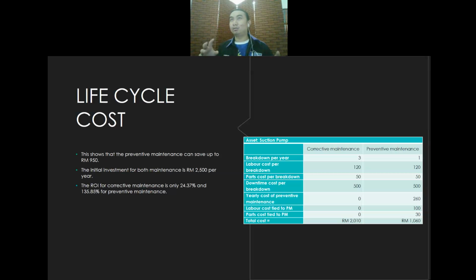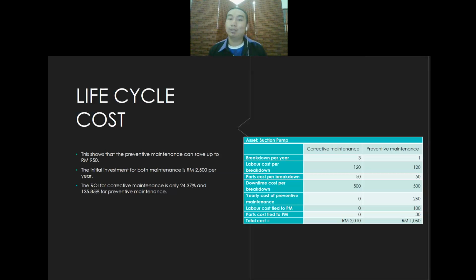Actually, the cost for both maintenance is the same, so the part cost for breakdown is the same, 50 ringgit, and the downtime is also the same, 500 for both. But preventive maintenance also has a yearly cost of preventive maintenance, which is 260, labor cost per PM, which is 100 ringgit, and part cost per PM, 50 ringgit.